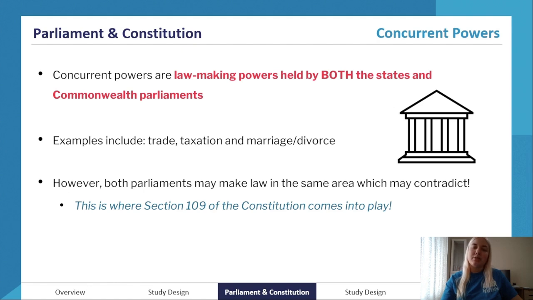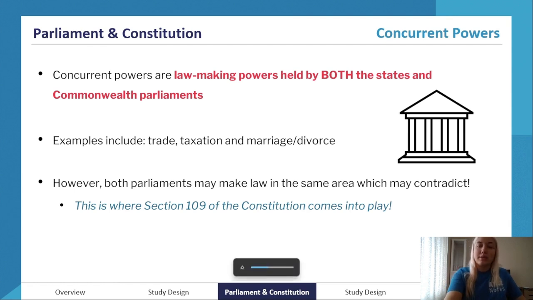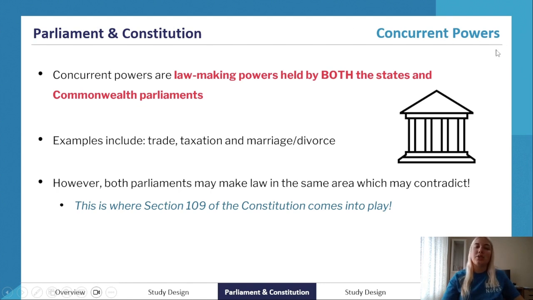Okay, so we said exclusive powers are held by the Commonwealth, and we're able to define that and provide a few examples. Now, concurrent powers, it's literally in the name, concurrent, so clashing or shared. Okay, so these are the lawmaking powers that are held by both the states and Commonwealth parliaments. And you might be thinking, well, how does that work?